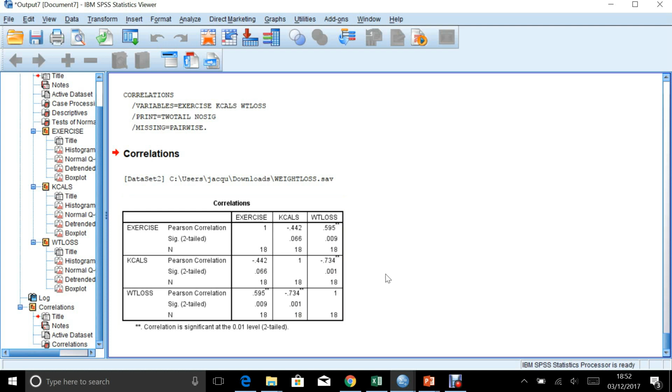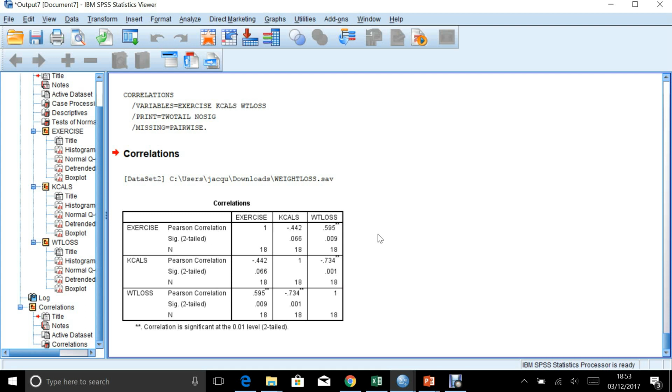So what that tells us is the more food we eat, the less weight we will lose, because as one score increases, the other one decreases. With exercise and weight loss, this is a positive correlation, so the more exercise we take, the more weight we lose.